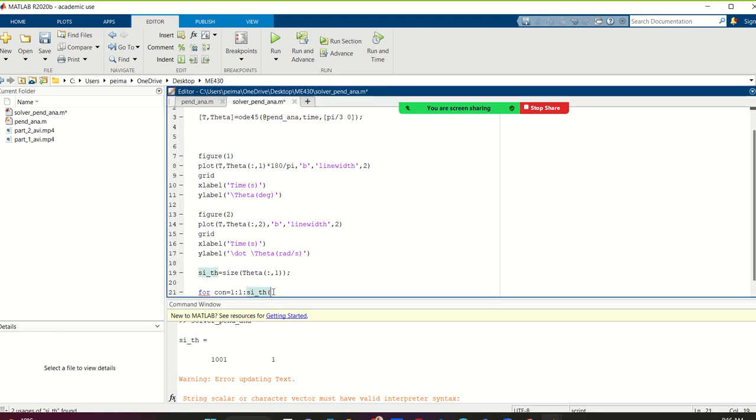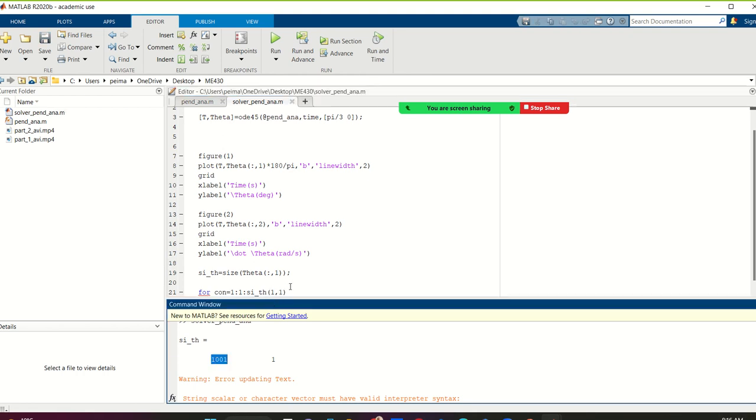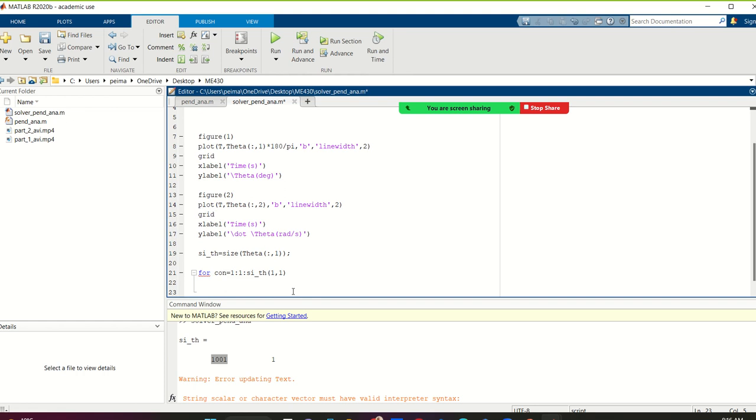Sorry, 1 and 1 means this number. Do you understand what I have done? The counter increases from 1 by 1 to read all of theta, until the final element of this angle.